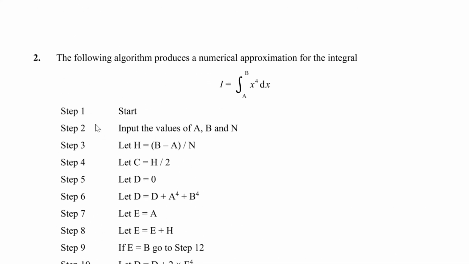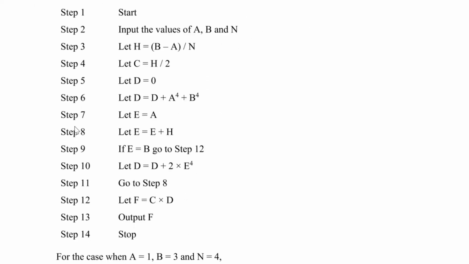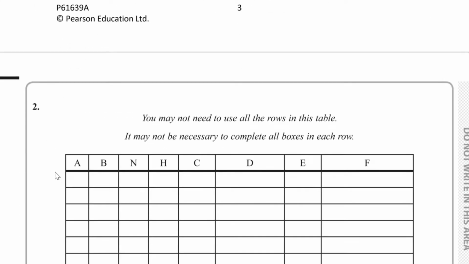Well, step 1 we have to start, and step 2 we have to input the values of a, b and n. So step 2, we'll do that first. We'll write the steps here. We have to input the values of a, b and n, which were 1, 3 and 4.